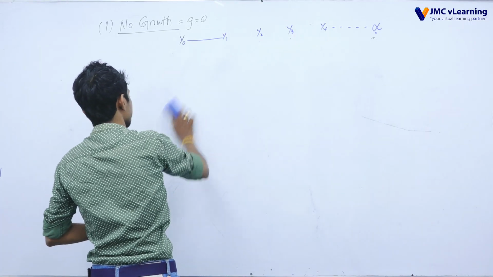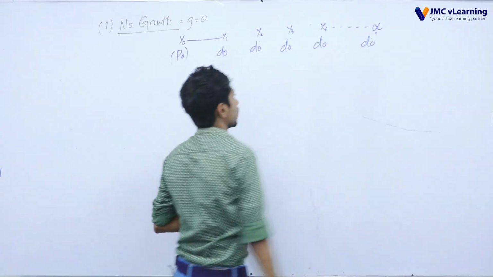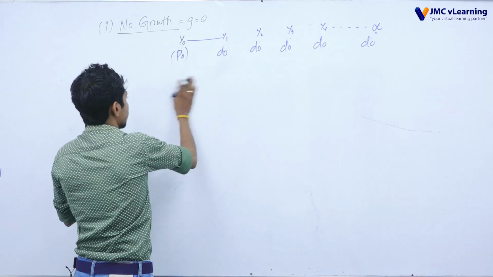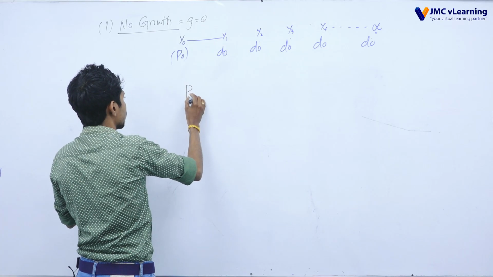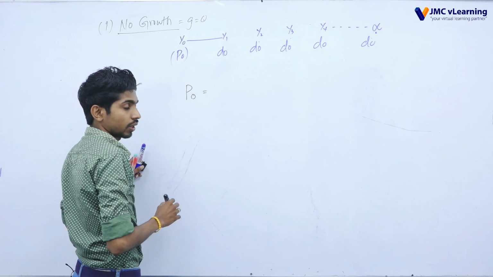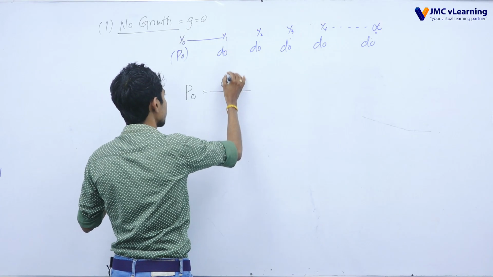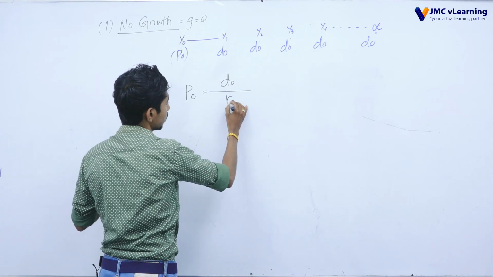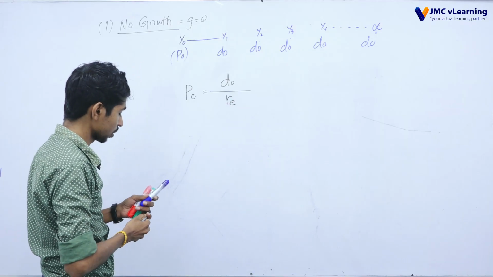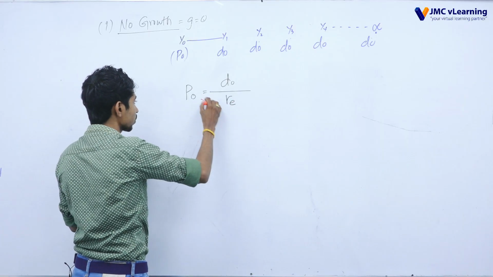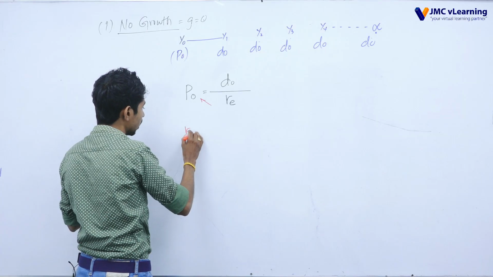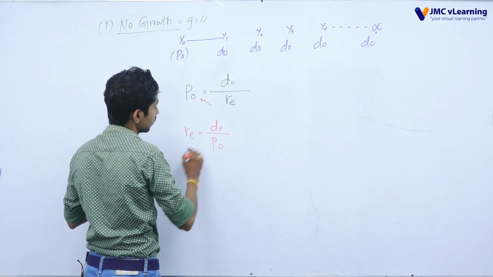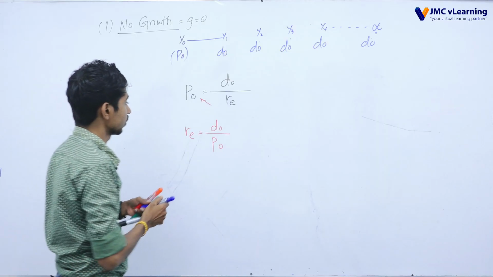Then I will take the symbol 0. Normally, today's price is equal to the dividend divided by R or RE. Here we are looking to identify the RE. Then cross multiplication: RE equals D0 divided by P0.